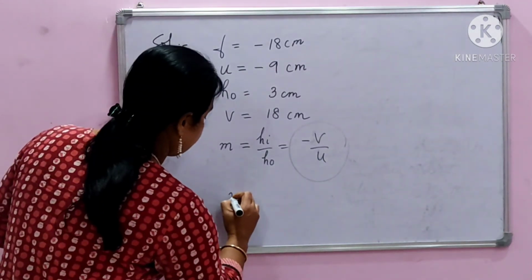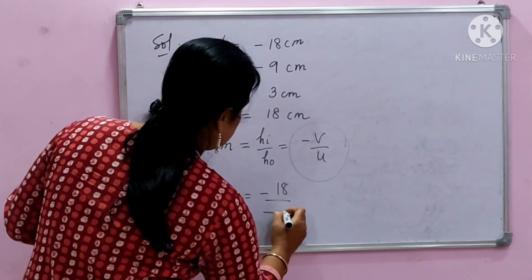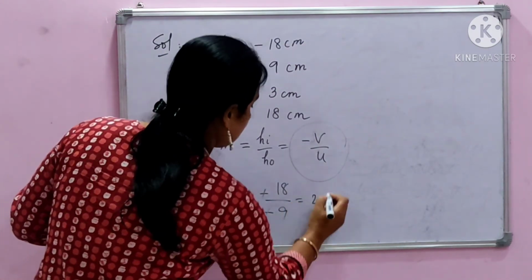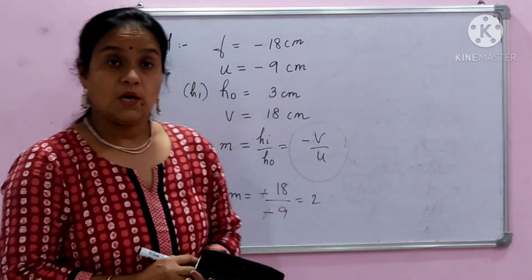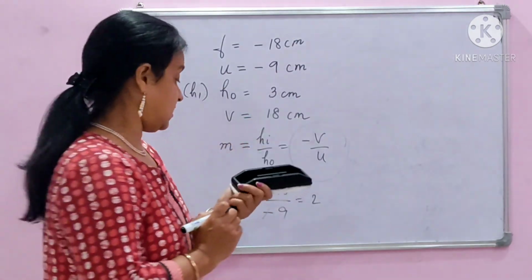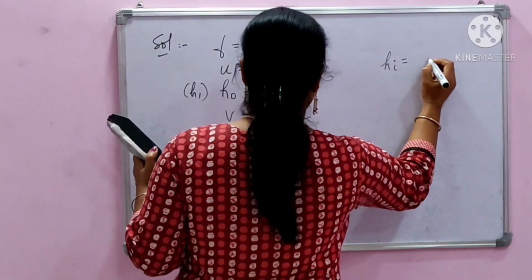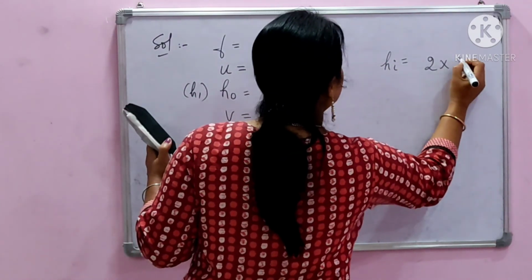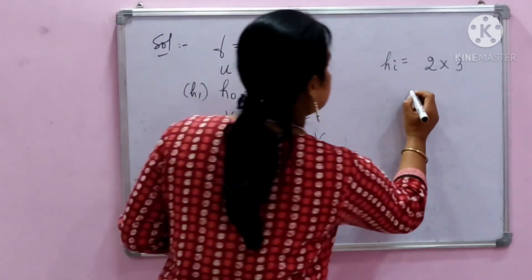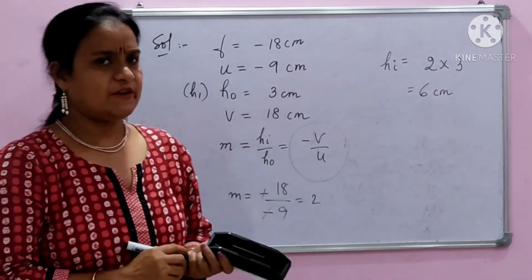So magnification will be equal to minus v by u. So we get 2. So the magnification is 2. Now since magnification is 2 and the object height is 3 centimeter, so what will be the image height? Image height will be equal to 2 times of the object, that is 6 centimeter. Okay, so very clear, very simple question.